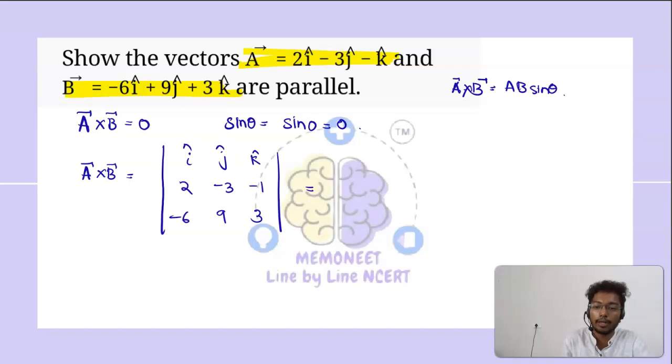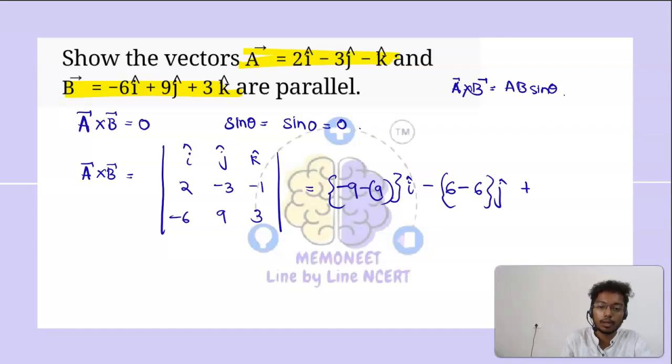So what we will write: 3 into -3, that is -9, and minus of 9 into -1, that is -9. This is for i cap. Minus of, for j, 2 into 3, that is 6, and -6 into -1, that is 6, minus of 6 for j cap.